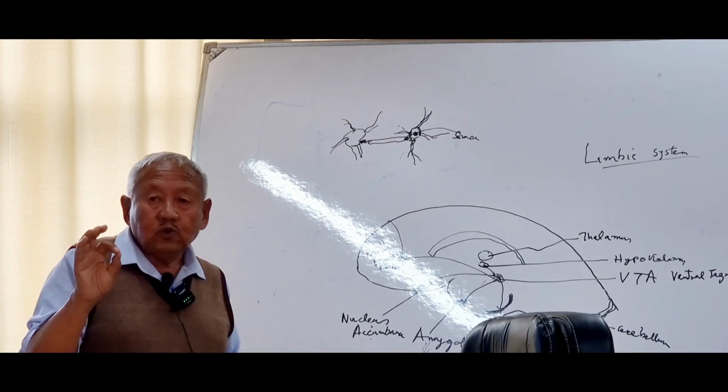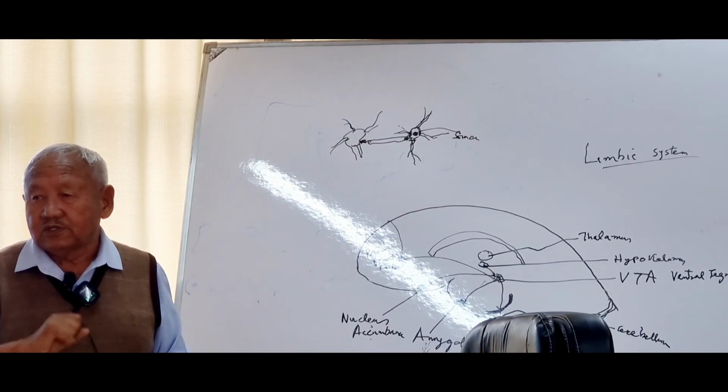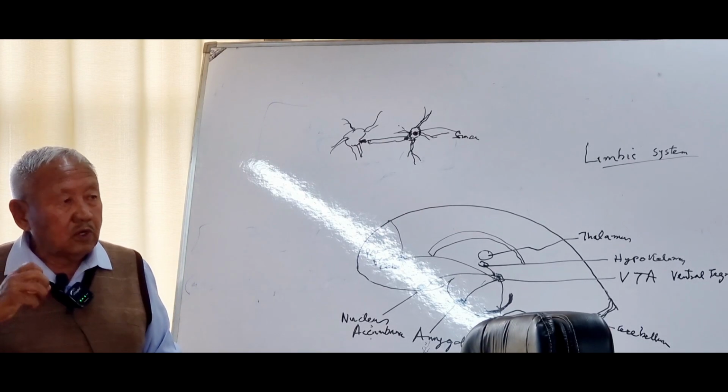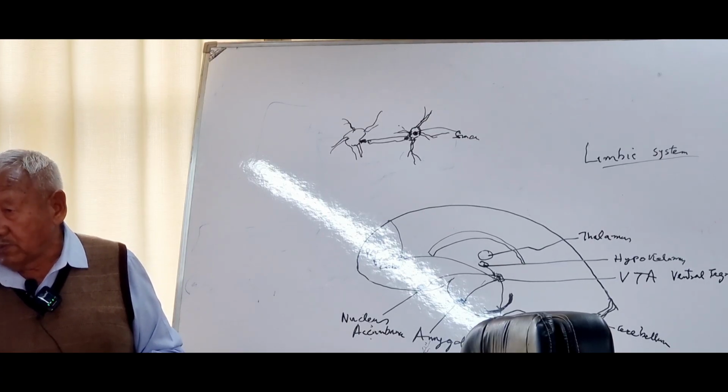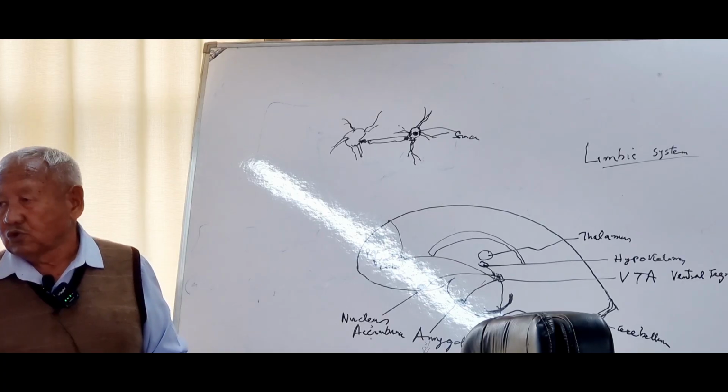There are two things involved in it. One is the electrical impulse. Whenever a stimulus comes up, maybe chocolate, maybe alcohol, maybe tobacco, nicotine, maybe anything, food, processed food, this is known as axon.